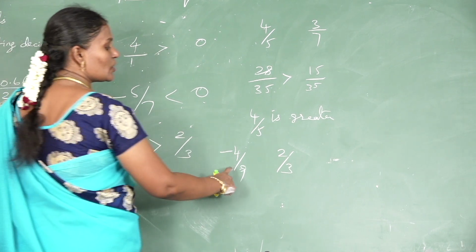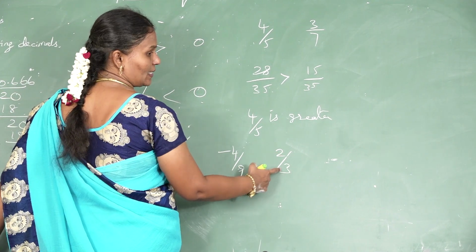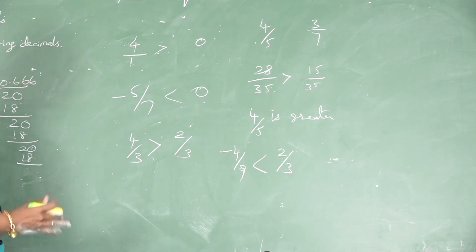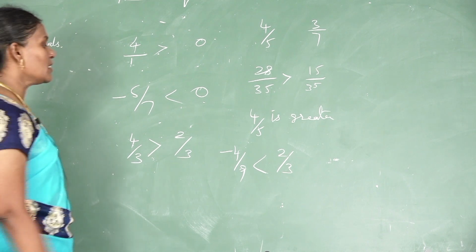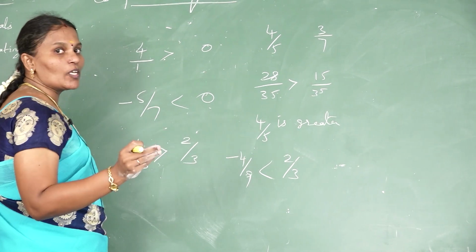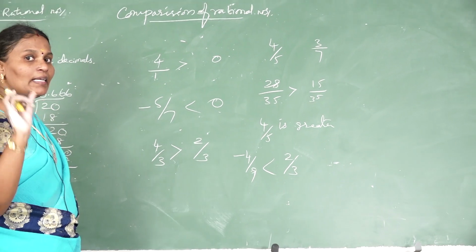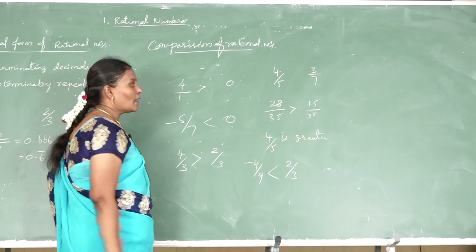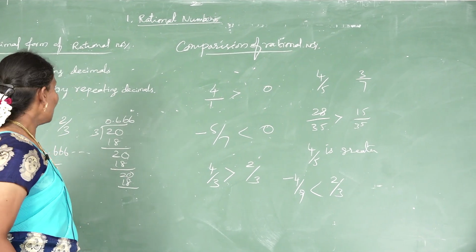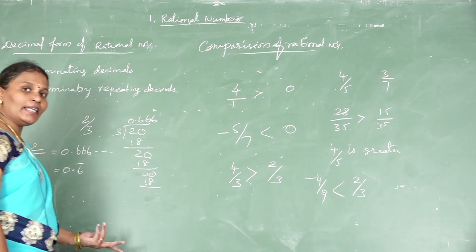So here which is greater? 2 by 3 is greater because 2 by 3 is positive. Here you don't need to take the LCM. Just compare the positive and negative. Positive is always greater than negative. Do you understand?